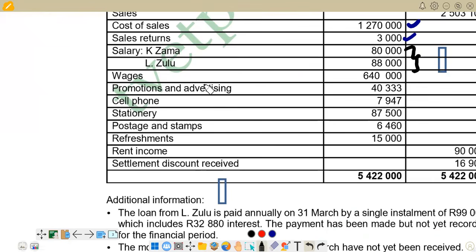In this question, we do not have anything affecting wages, and on promotions and advertising we do not have any adjustment either. So we just take this figure, 40,333, and put it there.